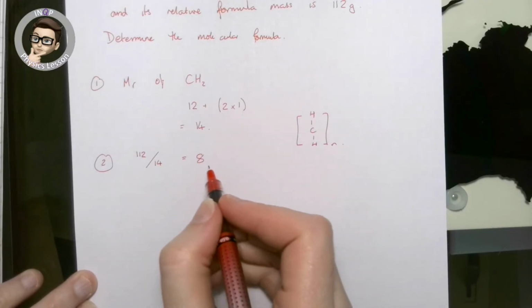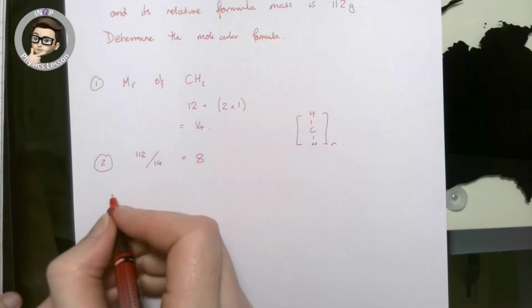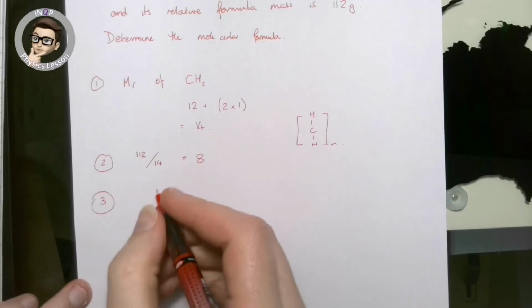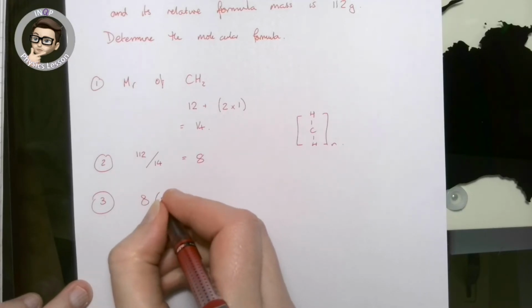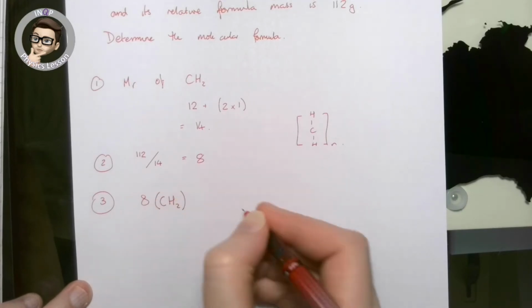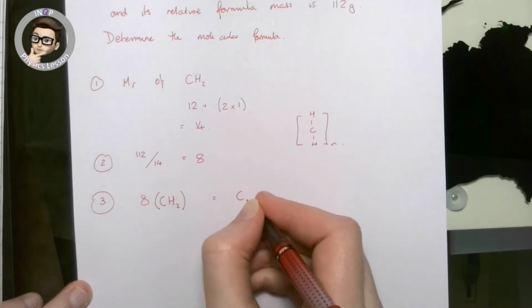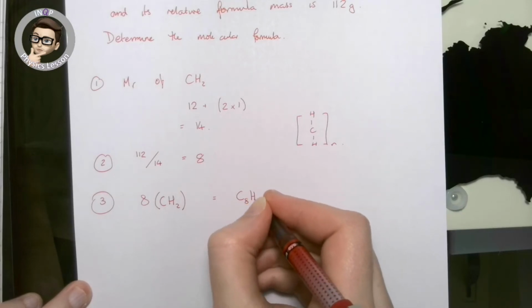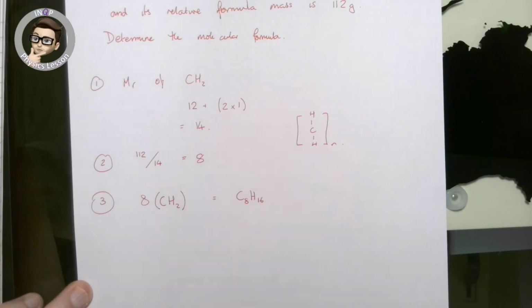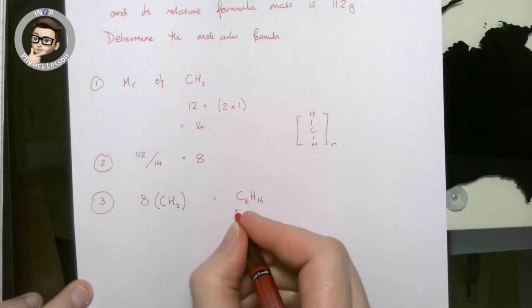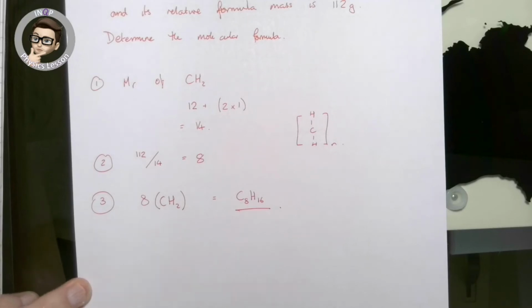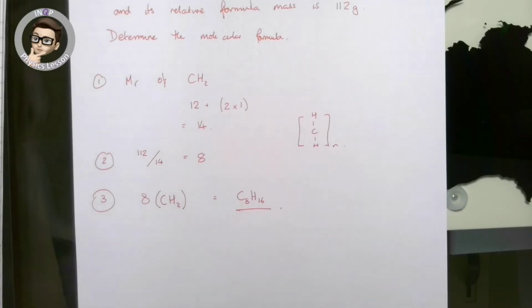So I've got 8 lots of those, so that means I end up with 8 lots of CH2, which is really C8H16. And there's your answer.